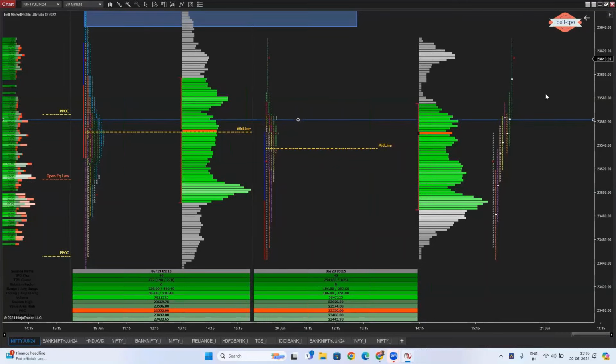So first thing is, if it is not going to be a double distribution day or something, the I period low is what usually has to come back and clear it. Is it a short? If you ask me, yes, it is a short. It's an absolute intraday short.